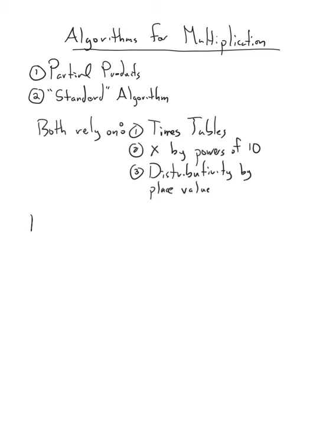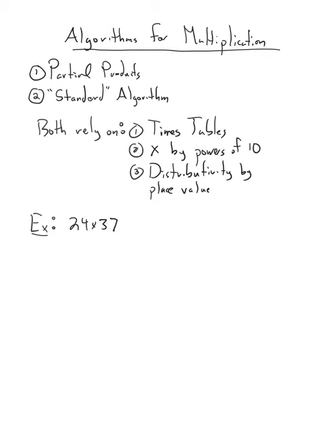So let's do just a 2-digit by 2-digit example first. And we're relying on the fact that we know our times tables and we know how to multiply by powers of 10. They're things we're going to take for granted. Okay, so imagine that you want to do the multiplication, I don't know, 24 times 37.